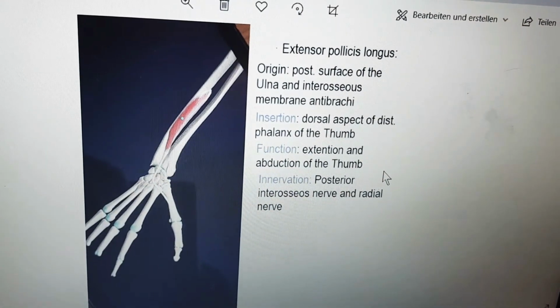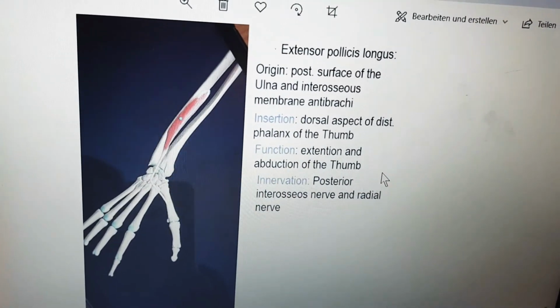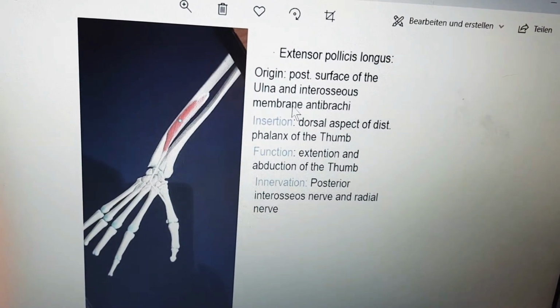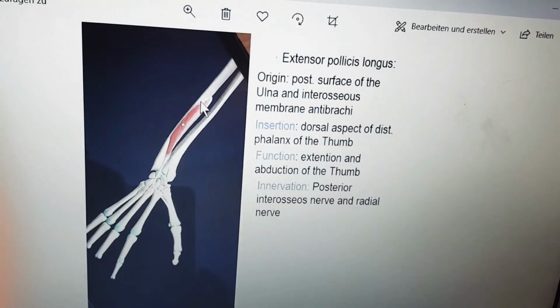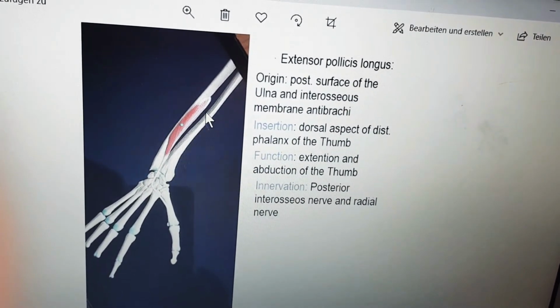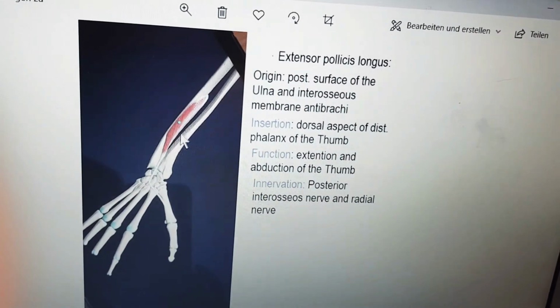The next muscle is extensor pollicis longus. The origin of this muscle is the posterior surface of the ulna and interosseous membrane of the antebrachium.